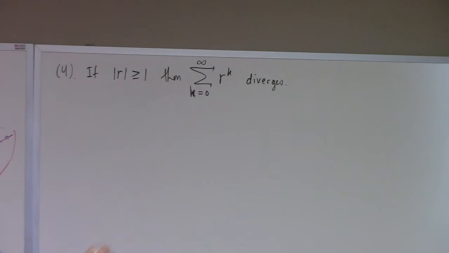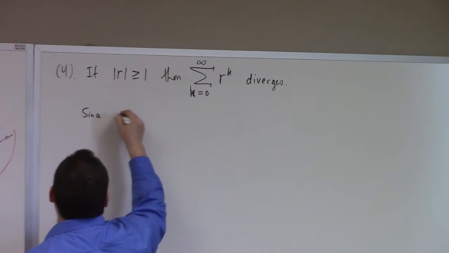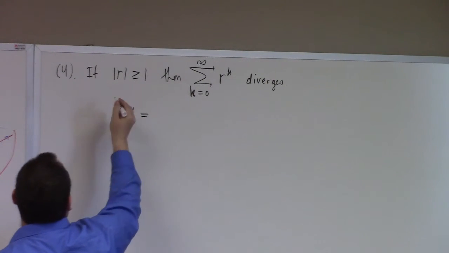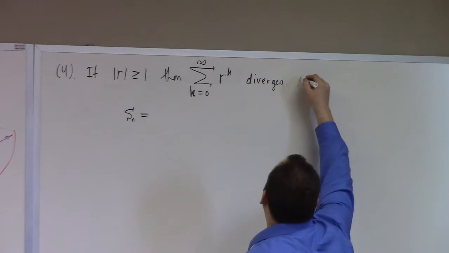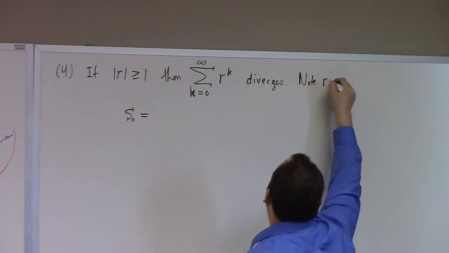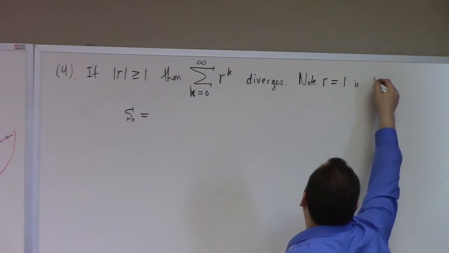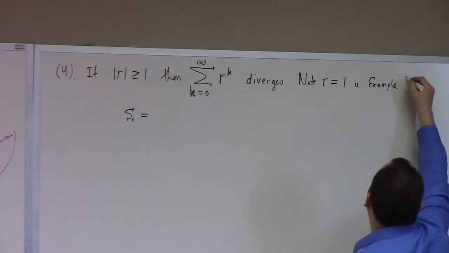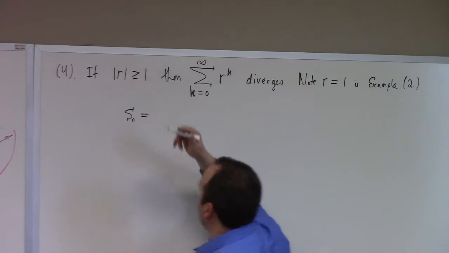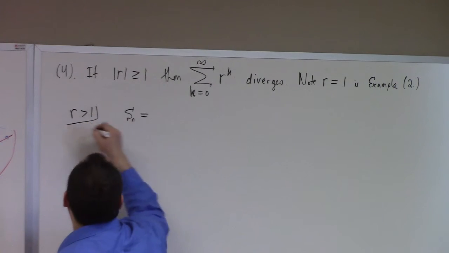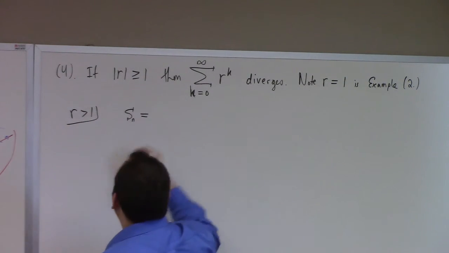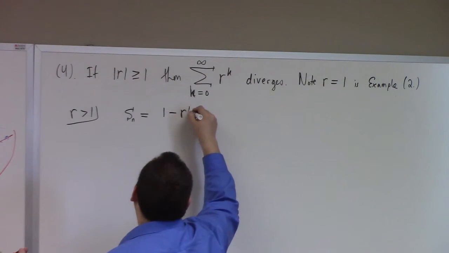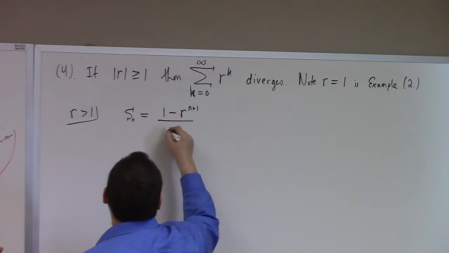And the reason it diverges is since S sub n is equal to, and let me see here. So note, r equals 1 is example 2. And if r is greater than 1, then by the same calculation as in example 3, we find the nth partial sum is 1 minus r to the n plus 1 over 1 minus r.